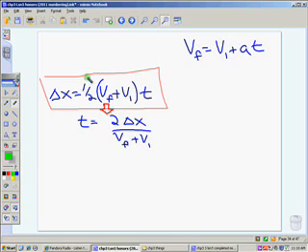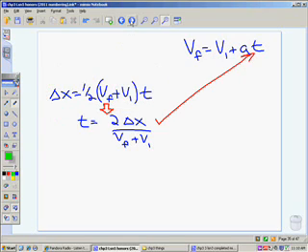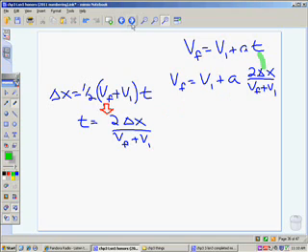To do that, we multiply both sides by 2, and then we divide by vf plus vi, to get that on the bottom. So once we have this equation for t, we can substitute it into the other equation for t, and we get this. Notice that the vf is the same, the vi is the same, the a is the same. It's just that the t has been changed to this fraction.